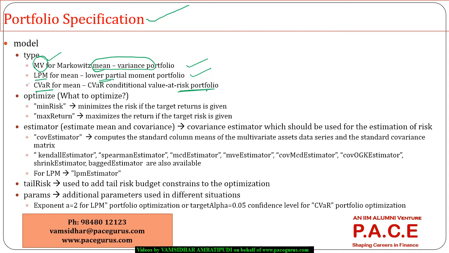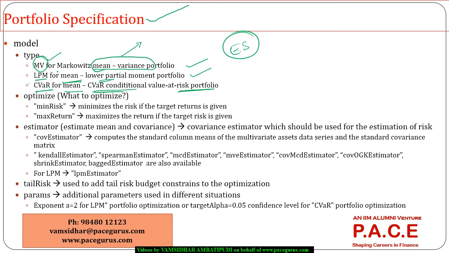Basically, if the portfolio is optimized based on the mean and the variance, it is called a Markowitz portfolio. If it is based on mean and lower partial moment, then it is called an LPM portfolio. And if it is based on mean and conditional value at risk, the other word for which is expected shortfall, then I can very well use CVAR.